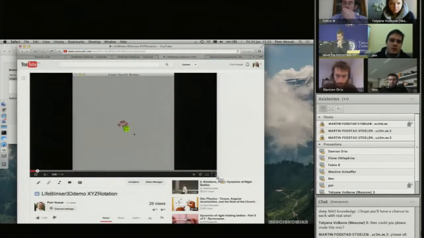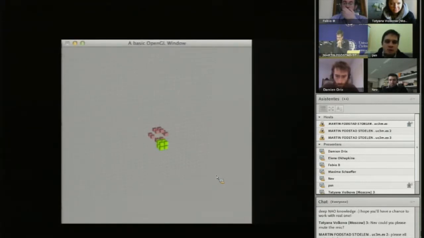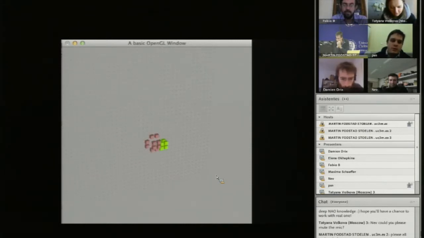You can see that the blinker will rotate, so he will change the direction of his movement. And if an algorithm of avoiding obstacles is implemented in the next step, it will go around this green cube.